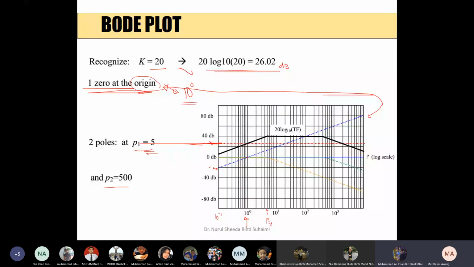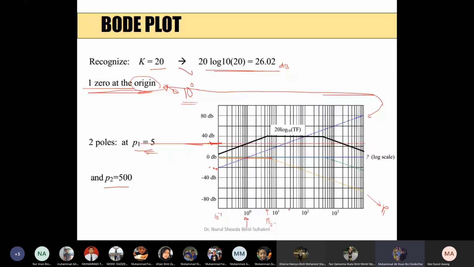So at 5 here it is 0 dB, below 5 is 0, and greater than 5 it reduces by 20 dB per decade. So this line is contributed by P1.